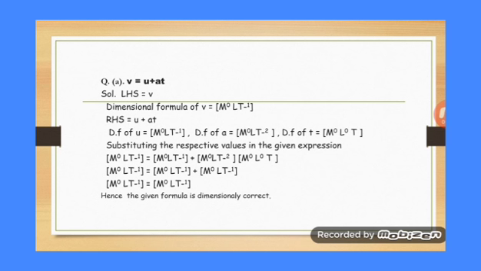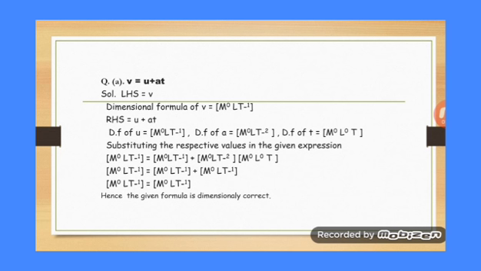Now substitute the given expressions in equation 1, that is v equal to u plus at. We can substitute the respective dimensional formula of each physical quantity in the given formula. We substitute M⁰LT⁻¹ on the left side. On the right side it is M⁰LT⁻¹ plus M⁰LT⁻² times T, that is M⁰L⁰T.